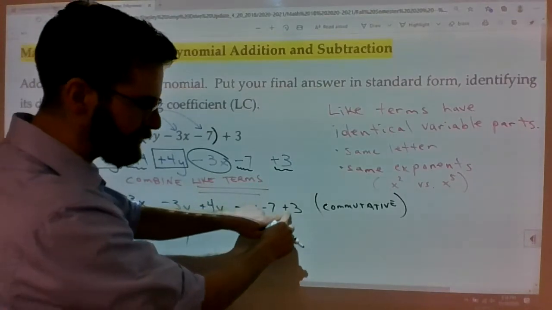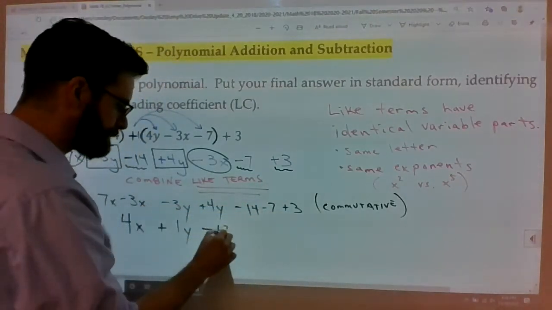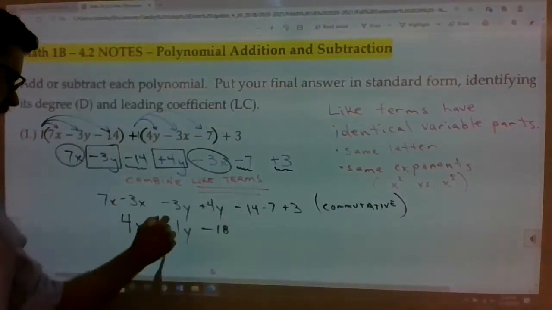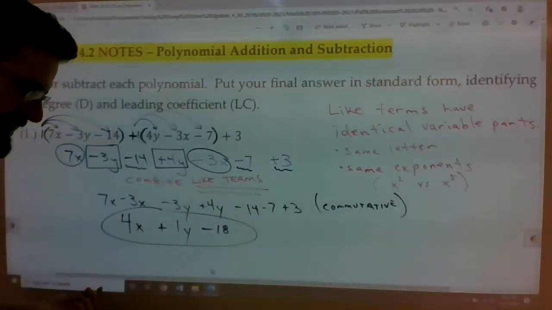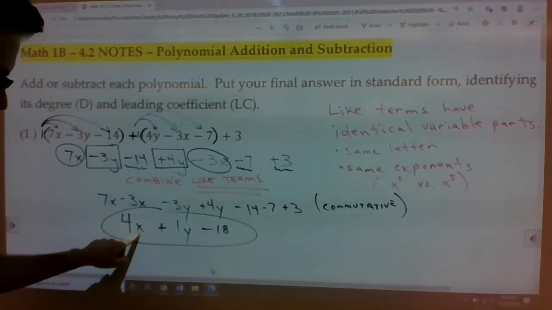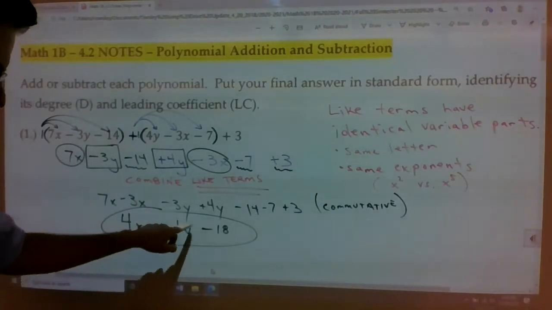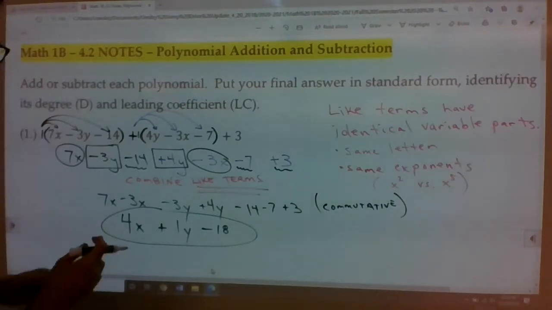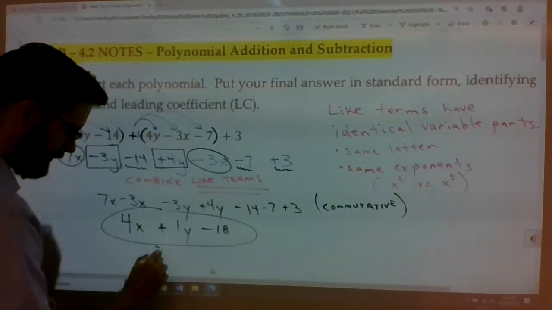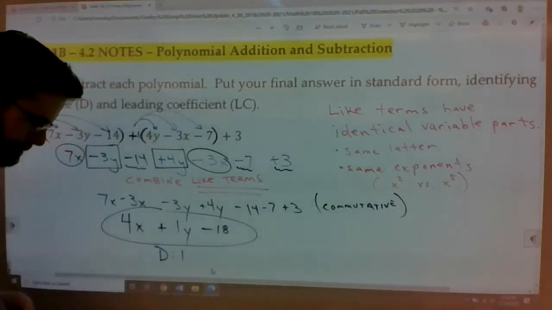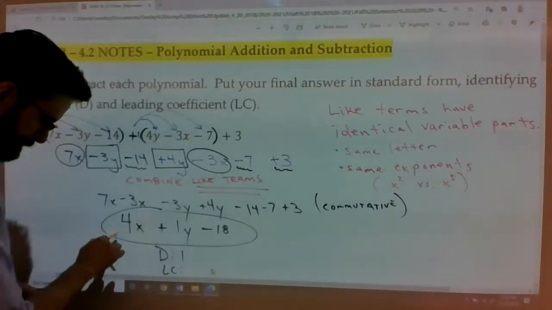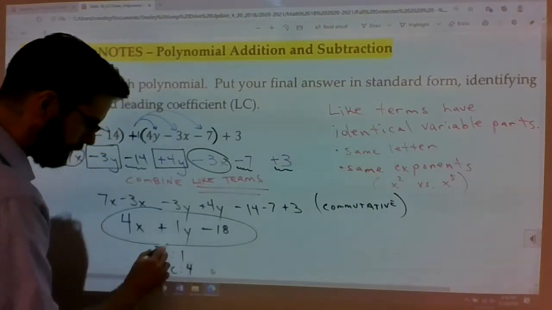Negative 21 plus 3 is going to be minus 18. It's in standard form because you've got degree of 1 here, degree of 1 here, degree of 0. So biggest power is up front. The degree is going to be 1. And then the leading coefficient is going to be 4.